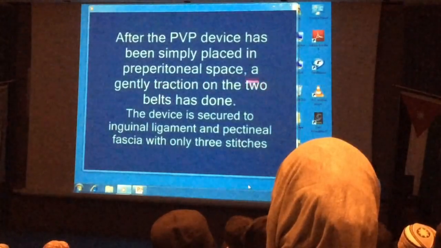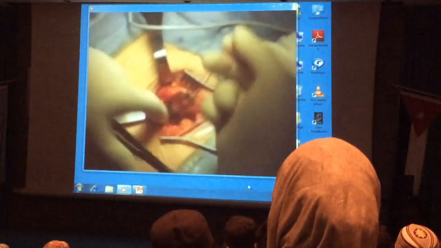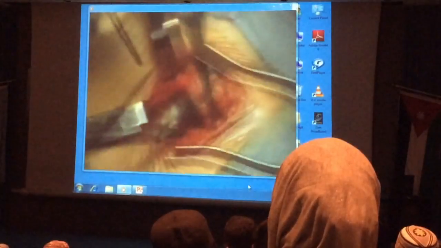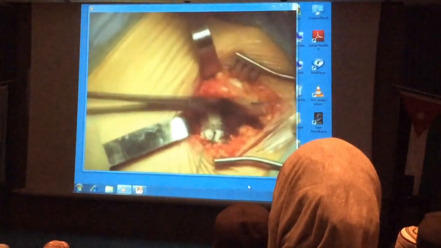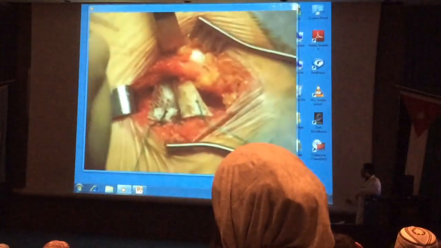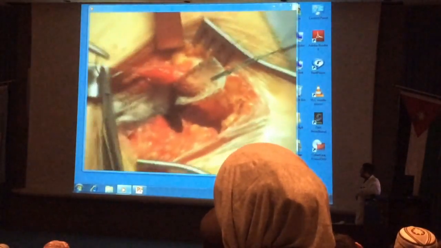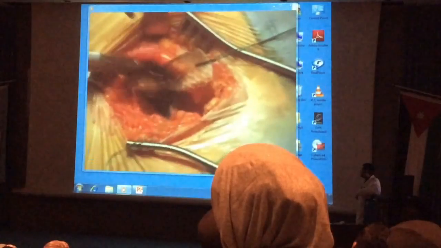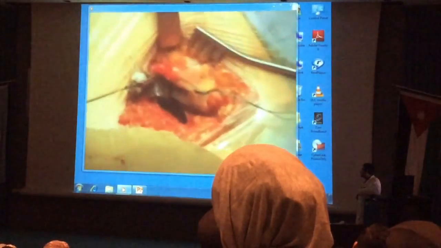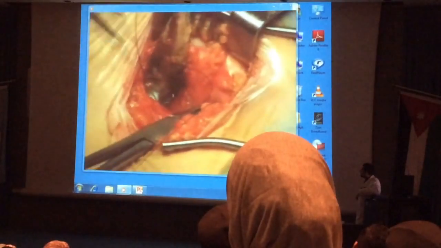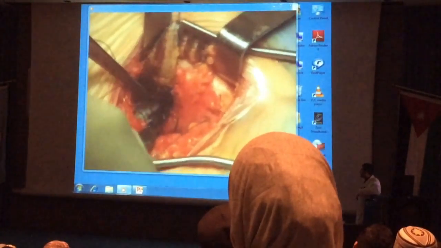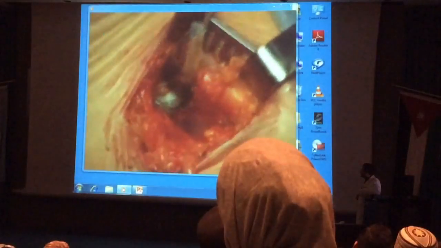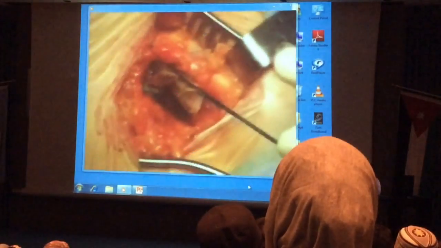Simply placed in the preperitoneal space, extraperitoneal. Gentle traction is made just to make sure it will not split or slide down. Small stitches to the pectineus muscle and to the inguinal ligament. This is stitching with the inguinal ligament. The extra part of the belts will be cut later on.